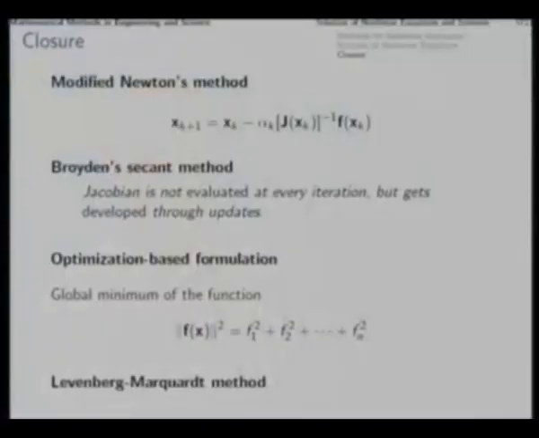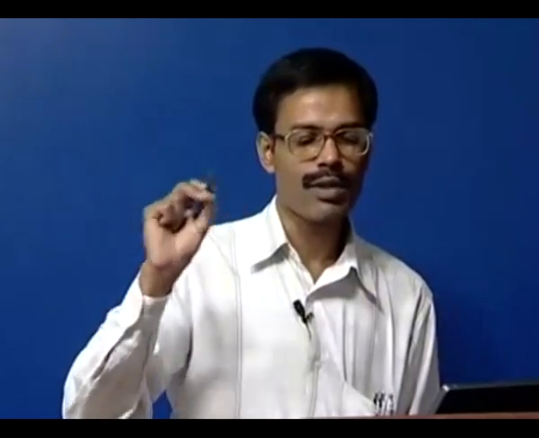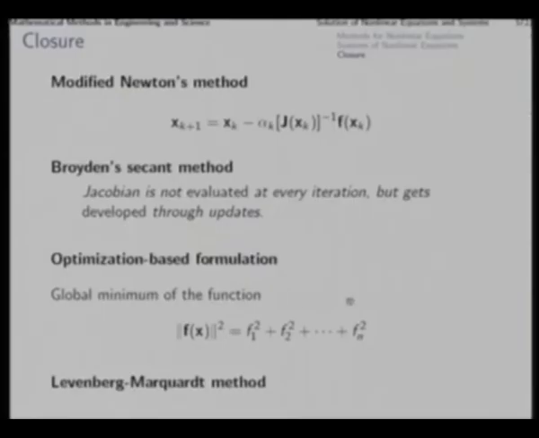The best formulation for nonlinear equation solving is through the method of optimization. You see that rather than asking for f1 equal to 0, f2 equal to 0, f3 equal to 0 and so on, if you pose the question as an optimization problem and say we want to minimize this function, we know that the global minimum of this function is at that point where each of the squares is individually 0, right, because it is a sum of squares.